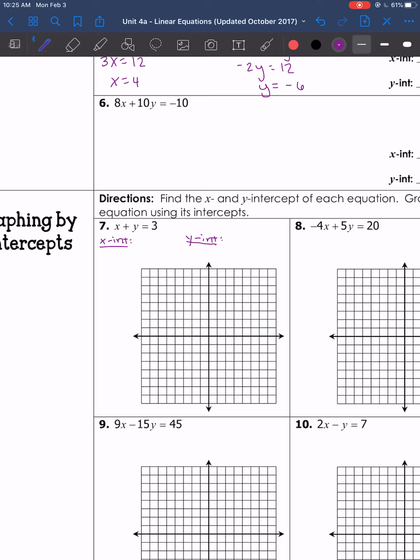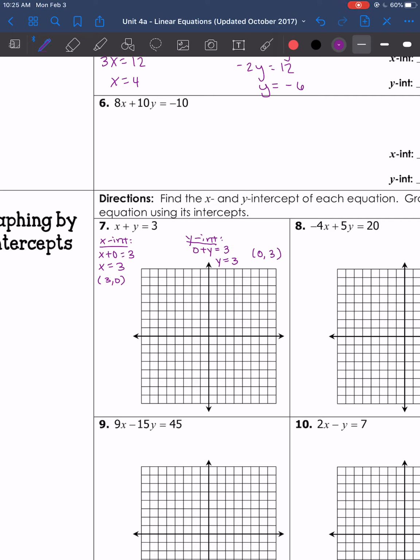For an x-intercept, you're going to plug in 0 for y, so x plus 0 equals 3, so x equals 3. So we have the point 3, 0. And then for the y-intercept, you're going to plug in 0 for x. So y equals 3. And so 0, 3 is your point.